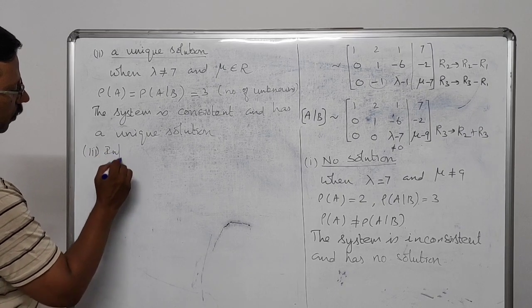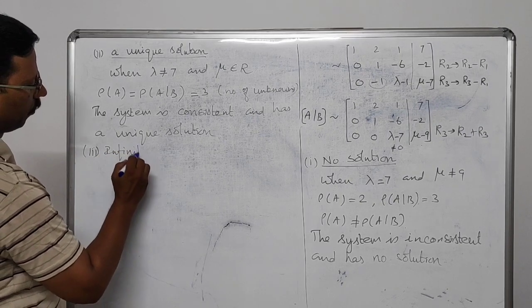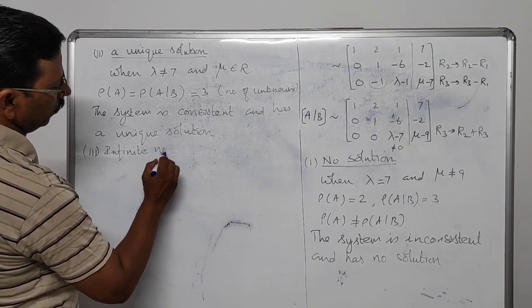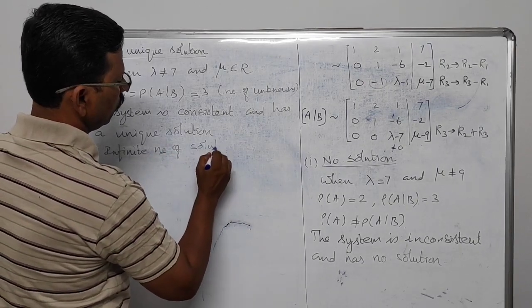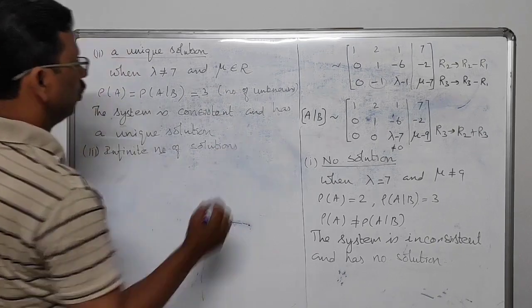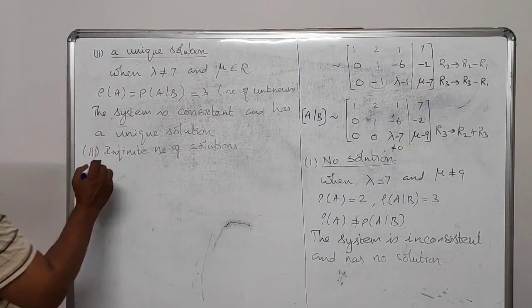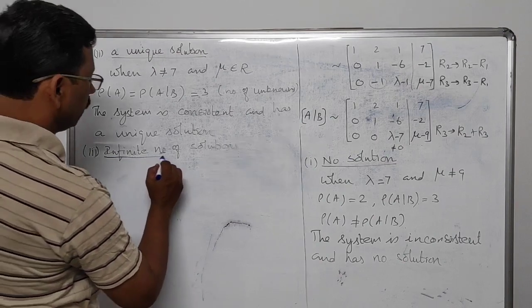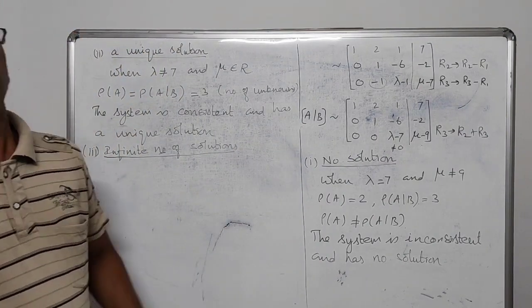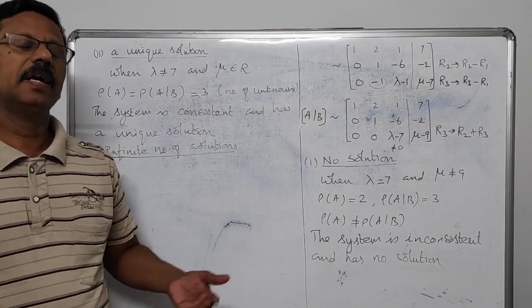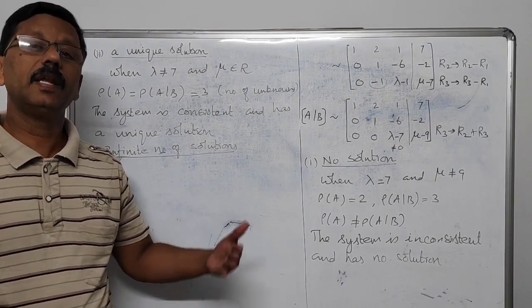Infinite number of solutions. When the system will have an infinite number of solutions, both rank of A and rank of AB should be less than 3.